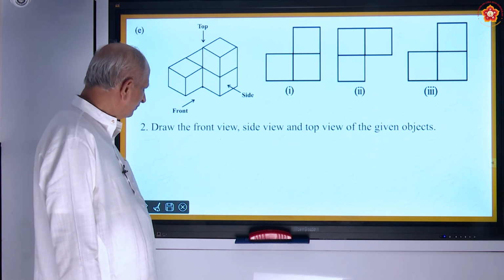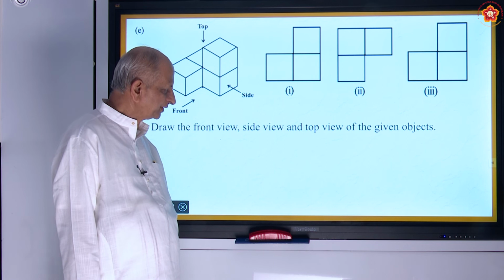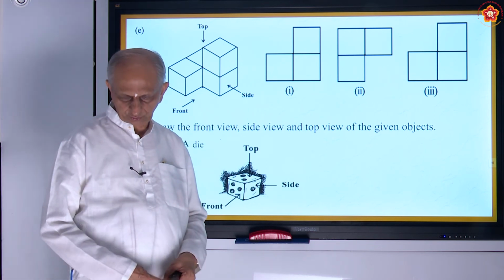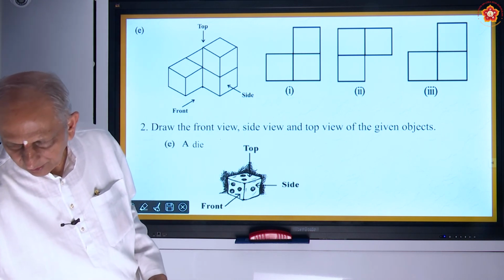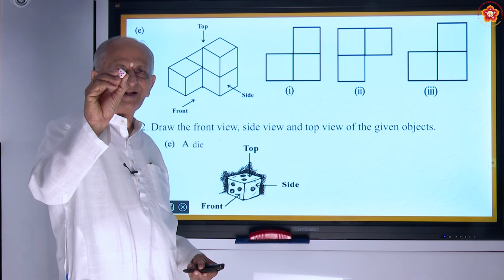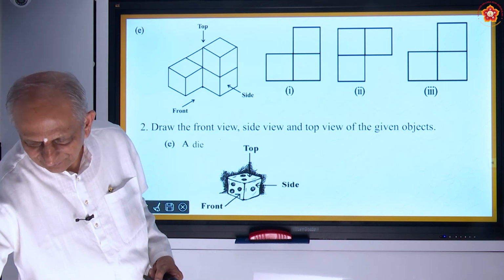Okay. One more question. Draw the front view, side view and top view of the given object. Two objects are given. One is called a die. Just now I showed a die. This is what is called a die. We use it in snake and ladder, correct? And in other games also.